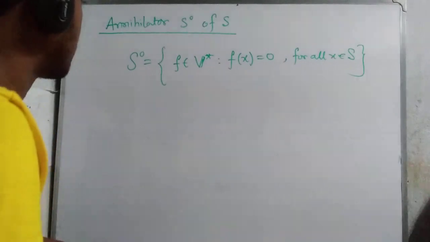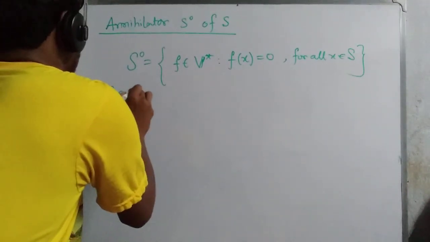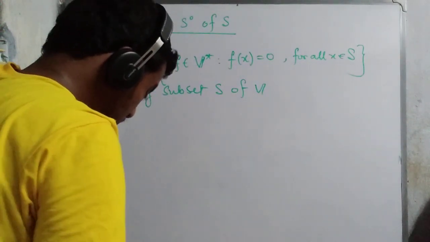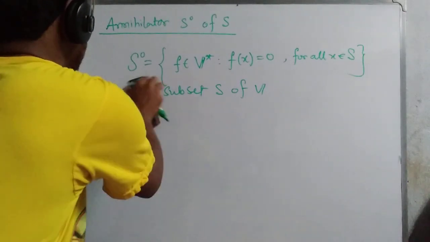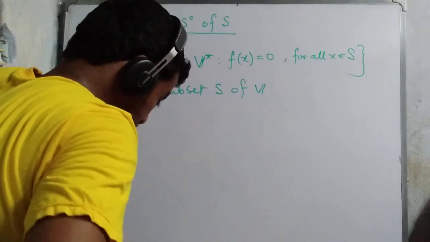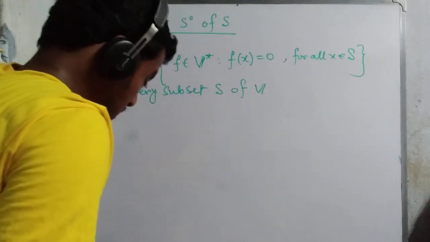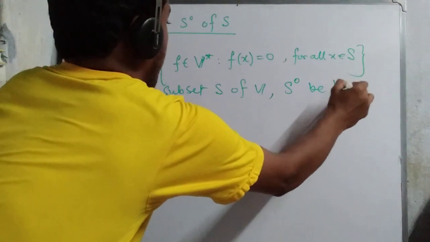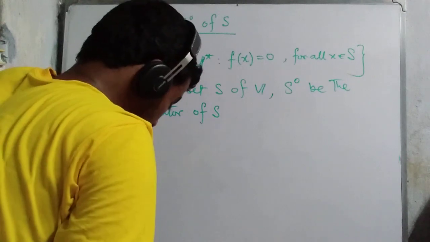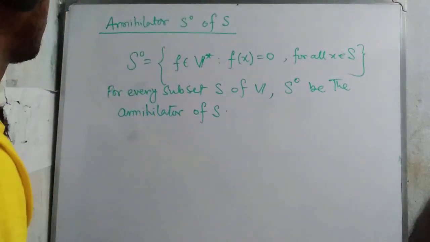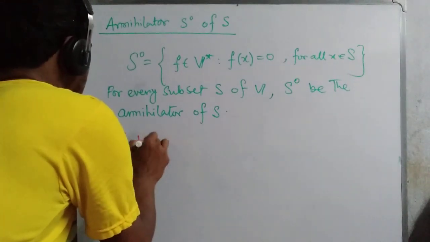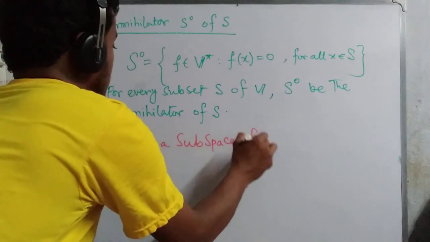Then what happened? That means for every subset S of P, the annihilator of S is a subspace of V star. That is not a problem at all.